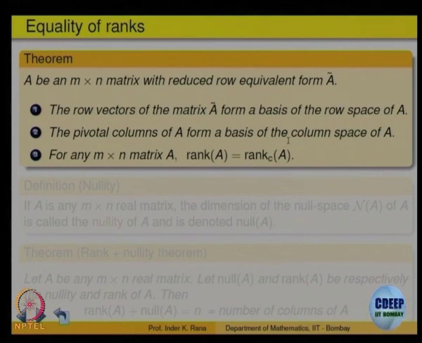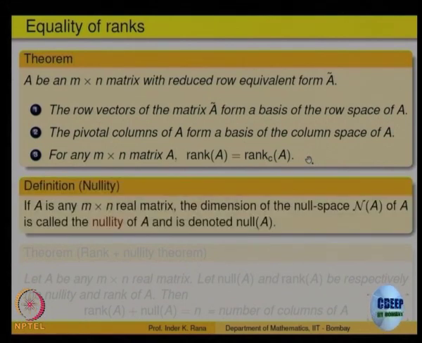The second one, the column space: take the matrix, bring it to row echelon form again, look at the pivotal columns of the original matrix A, then they are going to give you a basis for the column space, right. And the third, the rank is same as the rank of the column space, so that we have already observed. The rank of the matrix is same as the rank of the column space is same as the rank of the row space.